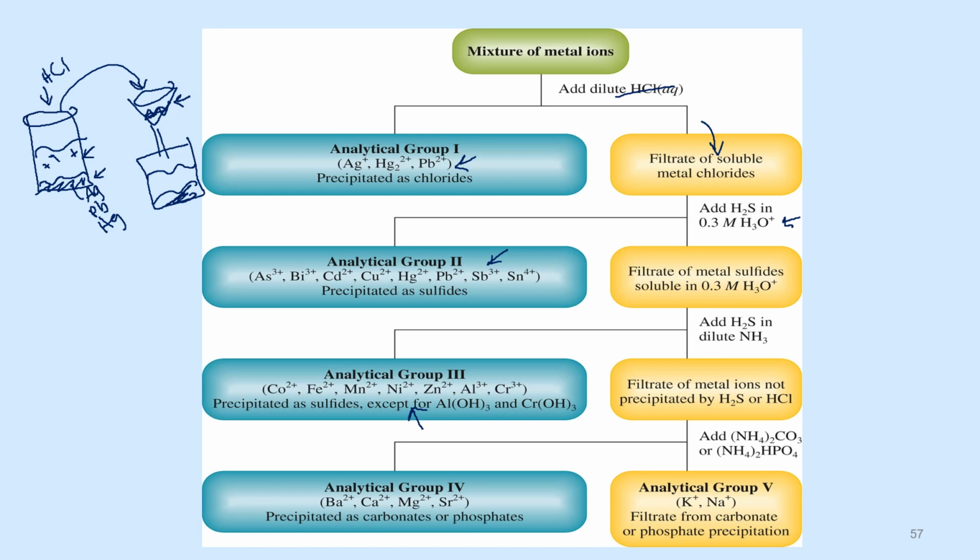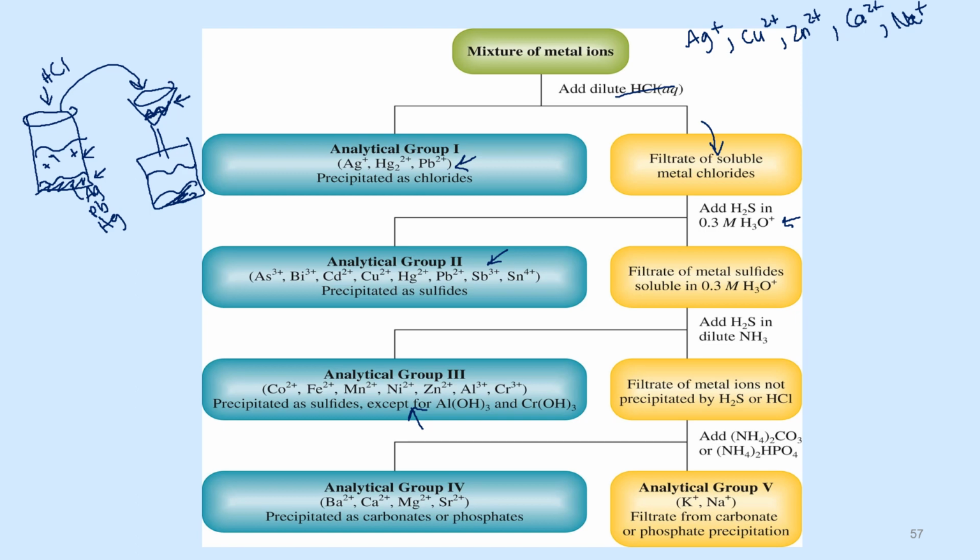Let's say, for example, and this is what's coming up on the next slide, but I'm going to talk through it now because I can't go back and forth, we have a solution, and we're not going to worry about all of these. I tell you that you might have silver, copper, zinc, calcium, or sodium.